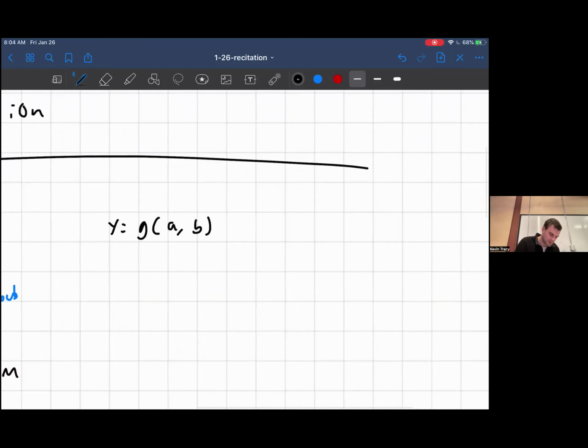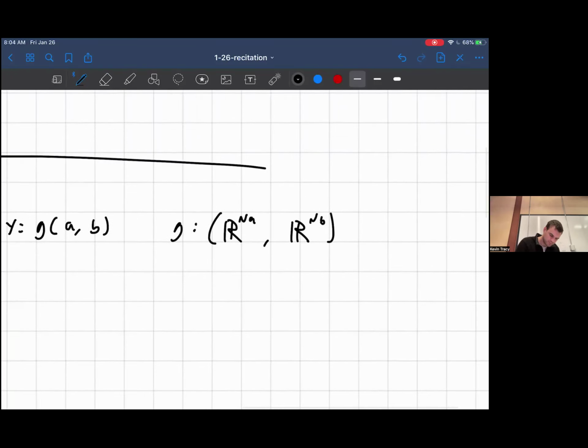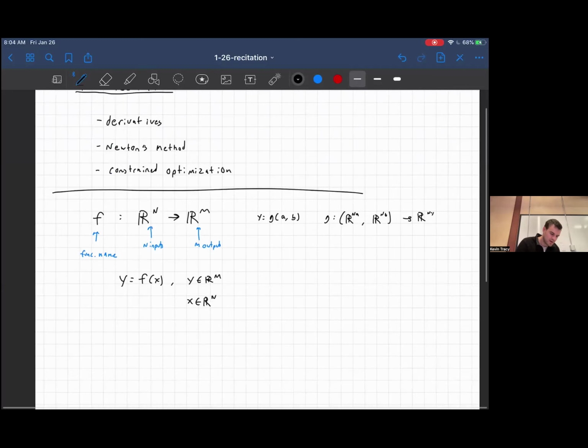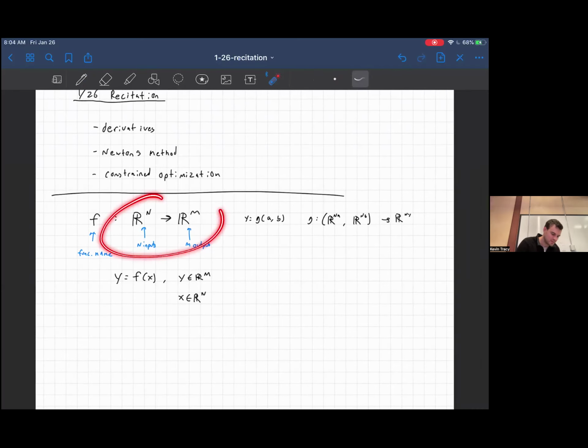And we'll write this as g, and then just a nice little tuple of whatever a is. So yeah, not super important, but when we write this, this means that there's one input, one output, and here are the sizes of the input and the output.